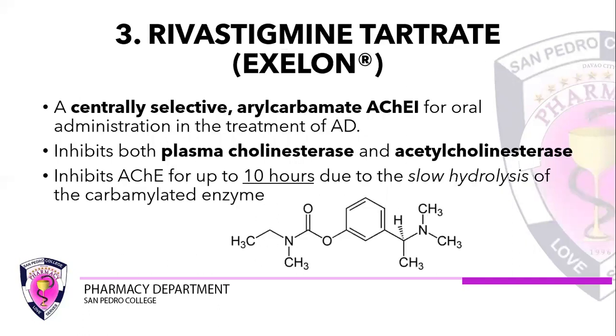Another drug, we have rivastigmine. Your rivastigmine is a centrally selective aryl carbamate acetylcholinesterase inhibitor for the oral administration of Alzheimer's disease. So it inhibits acetylcholinesterase for up to 10 hours due to the slow hydrolysis of the carbamylated enzyme.